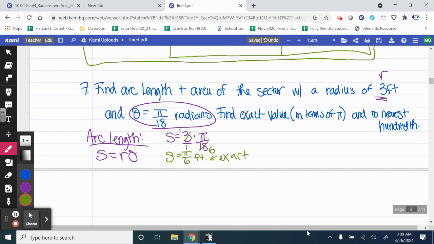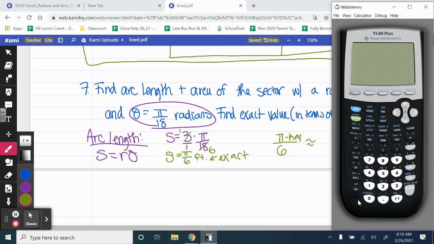Now let's talk about the approximate value. For the approximate value, should we sub in 180 for pi or use the pi key? The answer is the pi key because we're not converting from radians to degrees. So we're going to type in the pi key divided by 6 in our calculator. Go to your calculator and type that in, or you could use the alpha y equals button here.